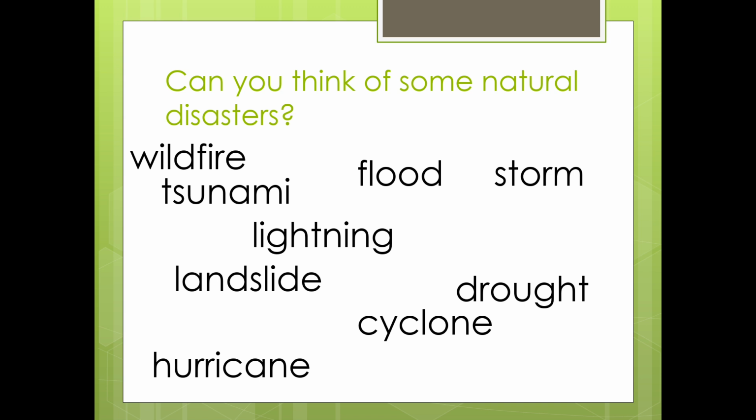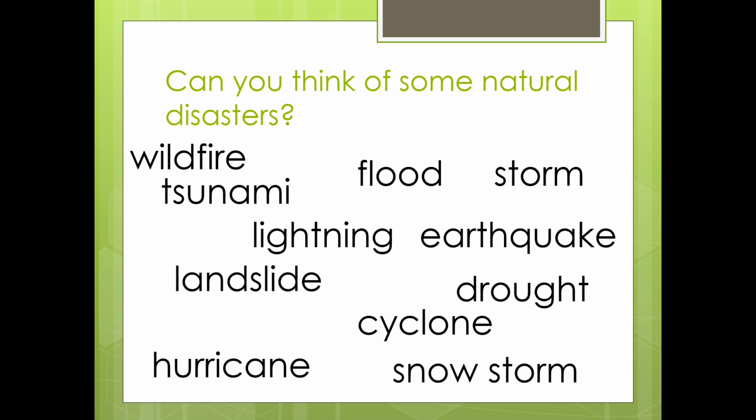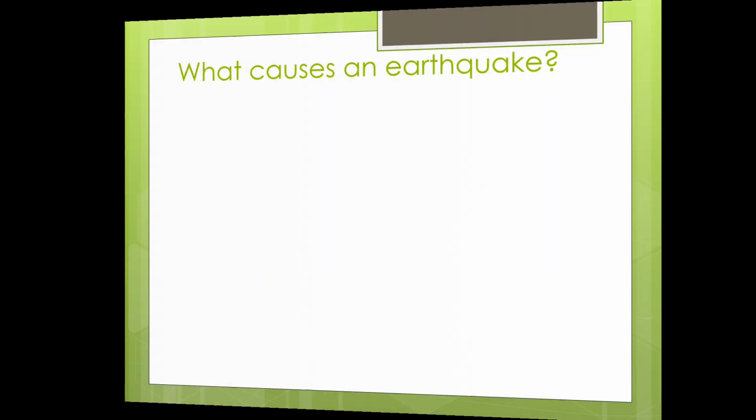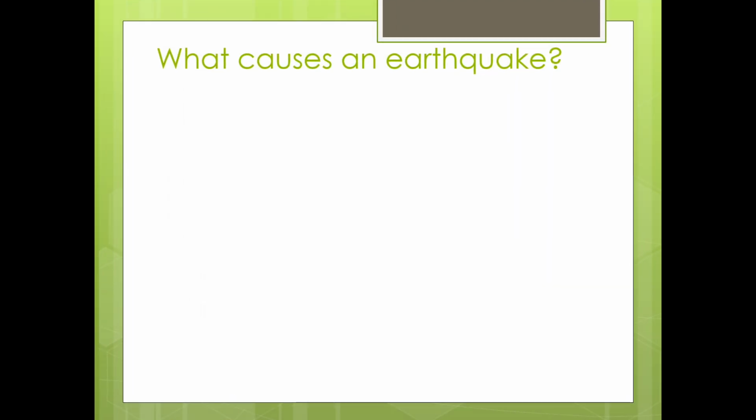Very strong wind, and the storm can be a rainstorm, a hailstorm, causing a lot of damage. Earthquake occurs when the earth shakes. Snowstorm is a storm which has snow or hail with it. Sandstorm occurs in the desert when there is strong wind blowing along with the sand. So these are some common natural disasters.